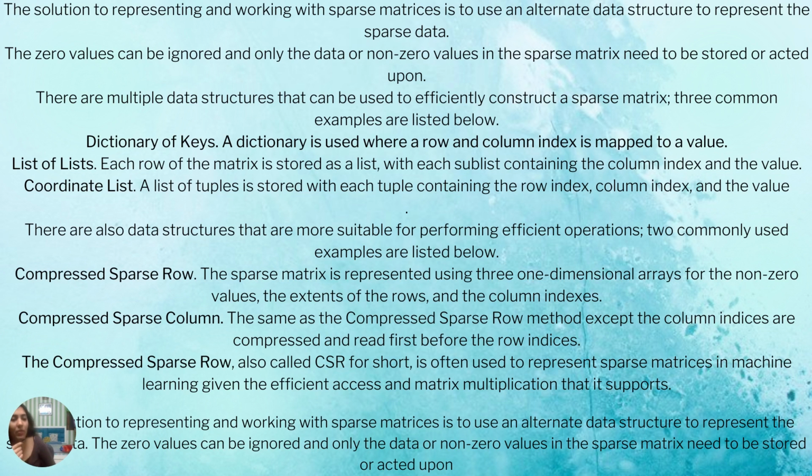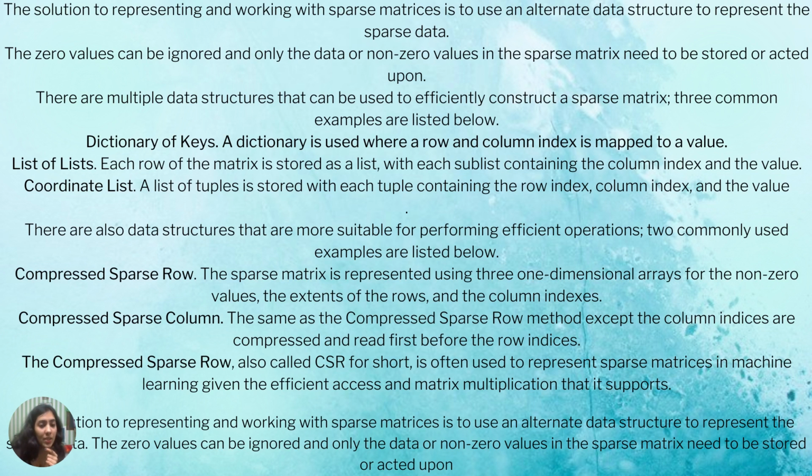Secondly, lists of lists, where each row of the matrix is stored as a list with each sublist containing the column index and value. Thirdly, coordinate list. A list of tuples is stored with each tuple containing the row index, column index, and the value.